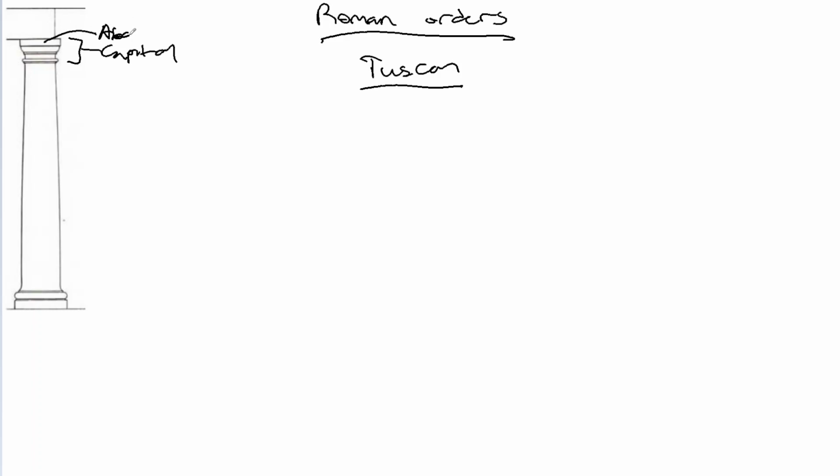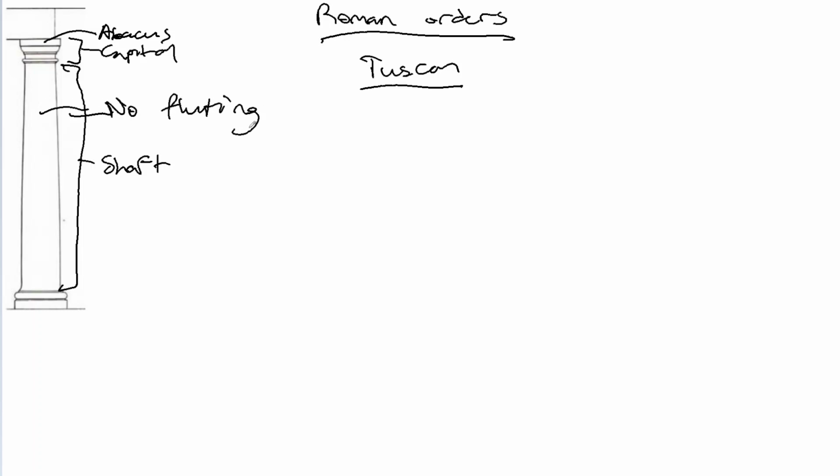Here we can see the abacus, and here we can see the shaft. One thing you notice is, where are the lines? There's no fluting, which is very different. But there is indeed a plinth. The frieze is also usually smaller. We can't see it from this picture, but it usually has a smaller frieze.